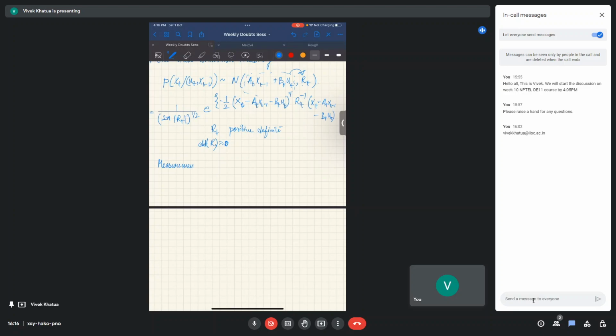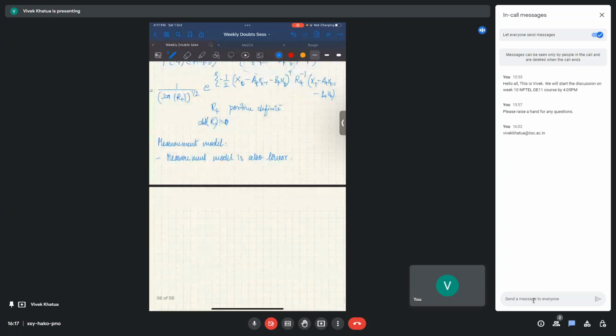Here also we impose the same assumption, that the measurement model is also linear. In Bayes filter we had the probability of the measured quantity zt given that xt has occurred.